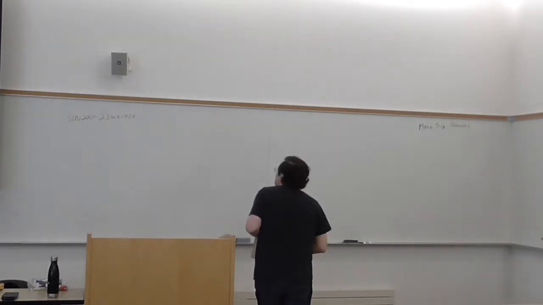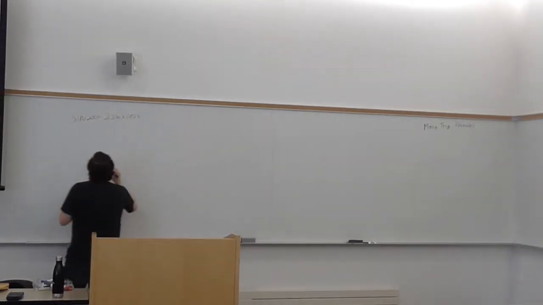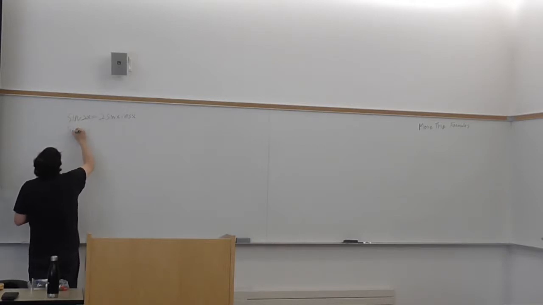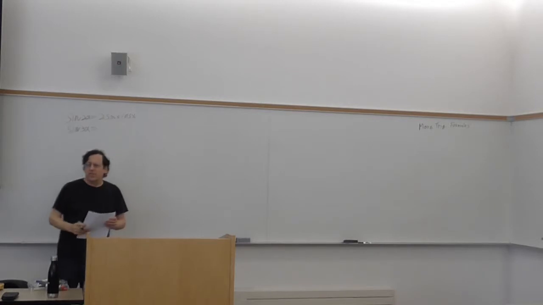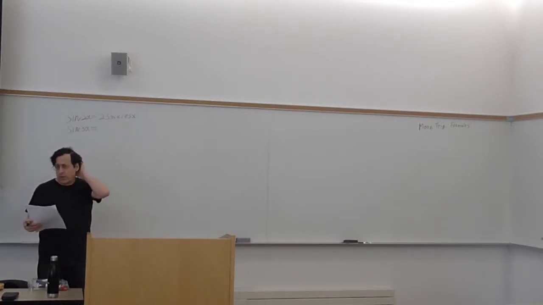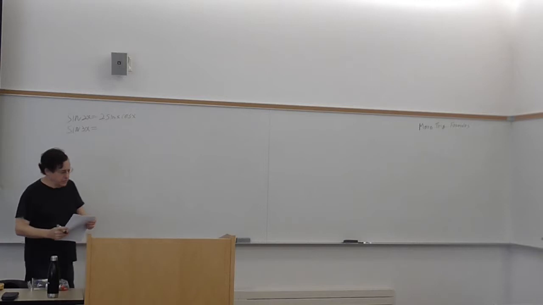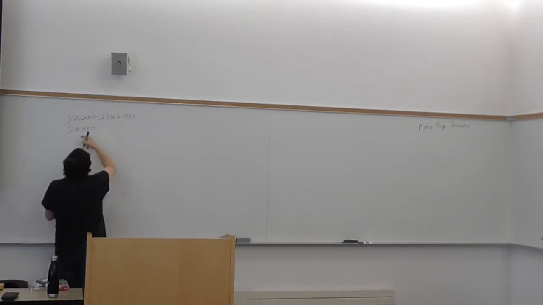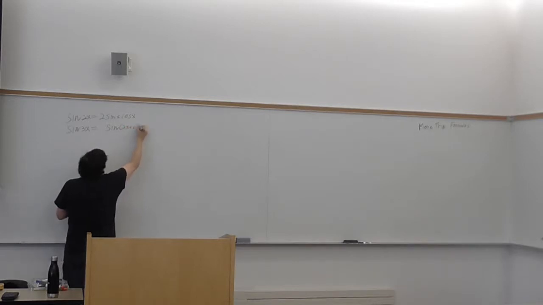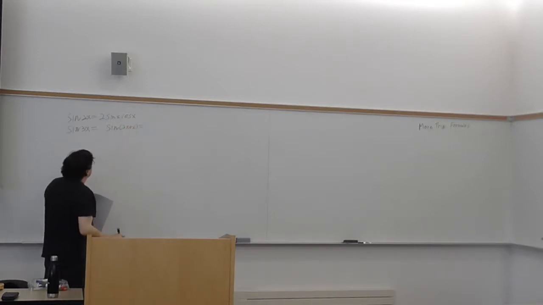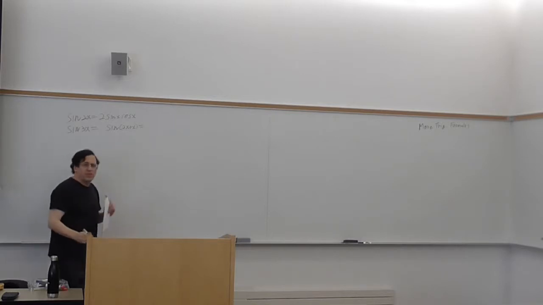For example, if we wanted to find sine of 3x in terms of sine x and cosine x, we could just apply this formula directly. You say sine of 3x, that's really sine of 2x plus x. So we need the sum formula for sine.